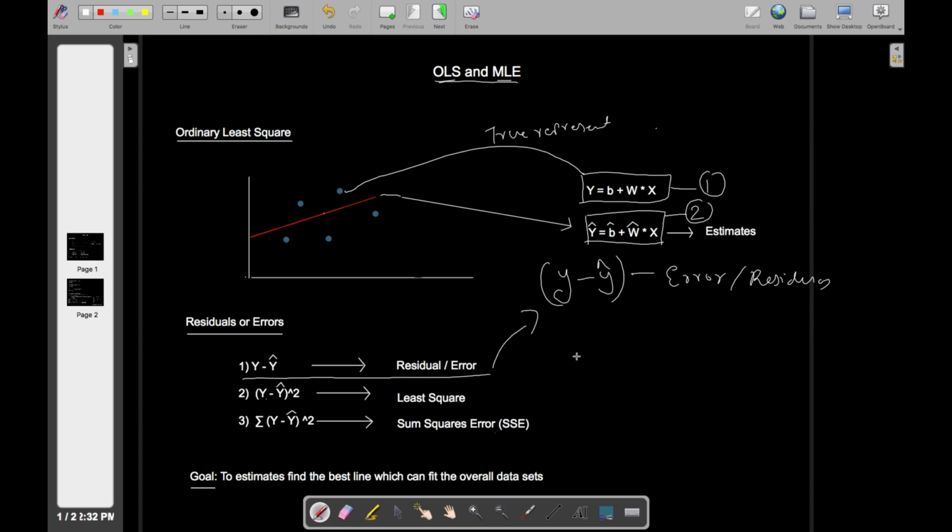Okay, and if we have 5 points and we take the difference between the actual value and the predicted value, right? This gives you some negative results and some positive results.